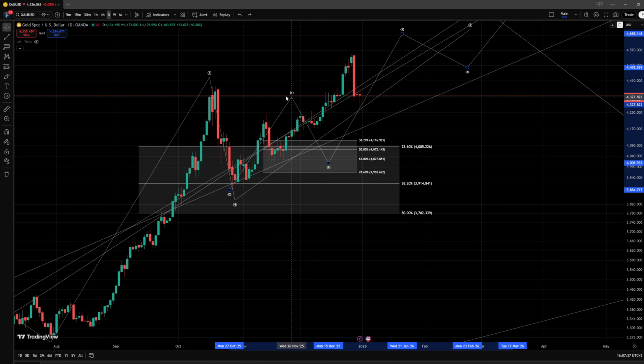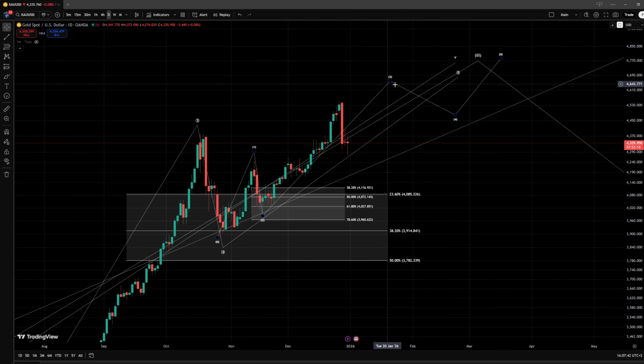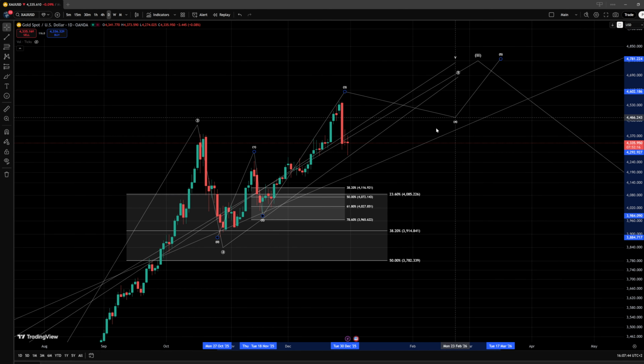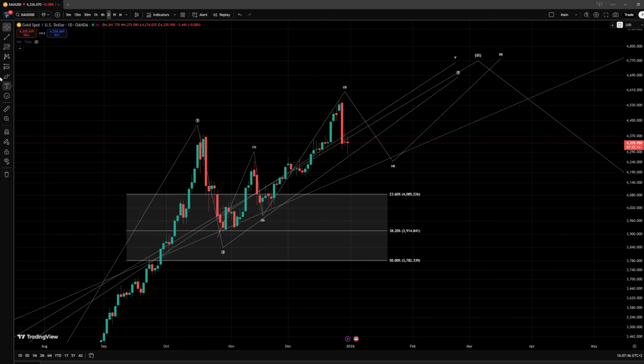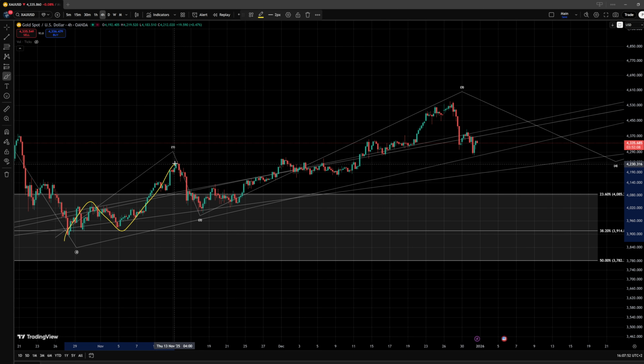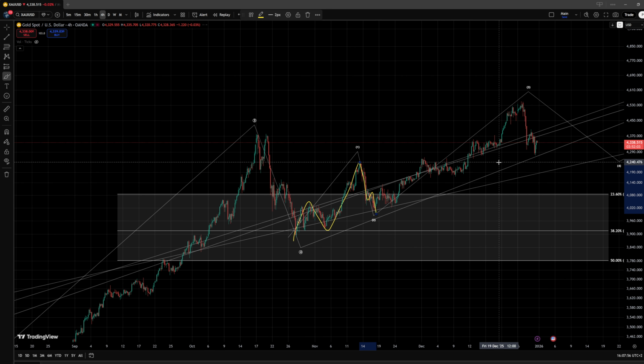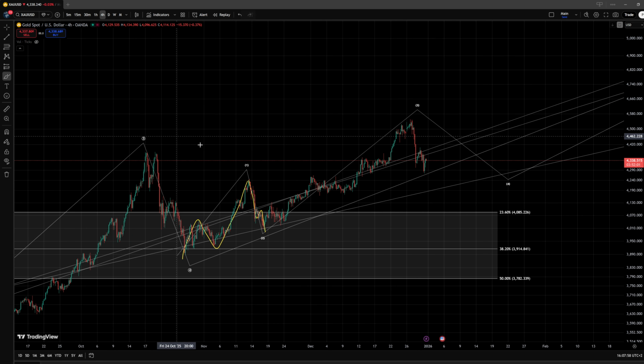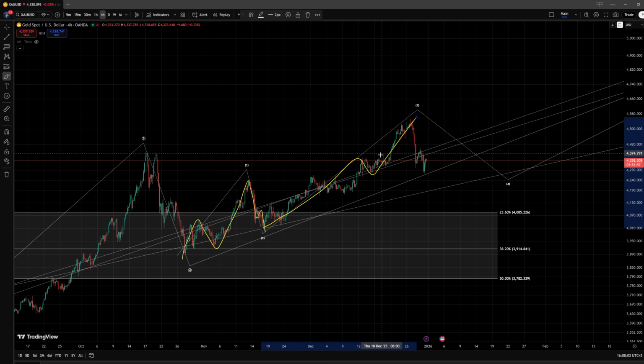But honestly right now what we should be focusing on is this idea of a larger ending diagonal to be forming here within a wave 5. Now, in this interpretation, I would actually assume that the wave 1 has instead topped here in an ABC movement. We have here an ABC correction in a wave 2, and then we are tracking this movement to the upside as a larger wave 3, as an ABC movement in and of itself.